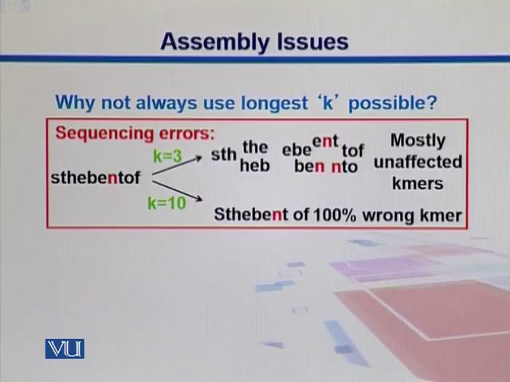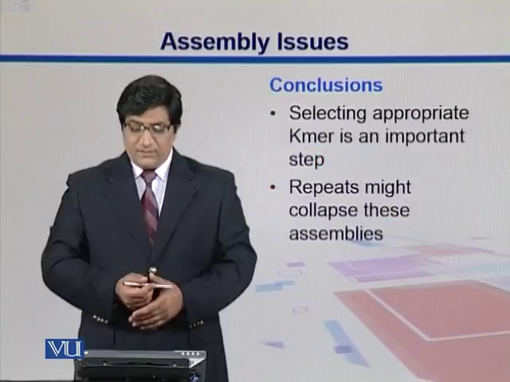If we use k equal to 10, this N will obviously go into a wrong k-mer. As far as the true assembly is concerned, because this one nucleotide is part of that k-mer, it will mess up our assembly. So if our k-mers are smaller, the effect of these kinds of sequencing errors can be minimized.